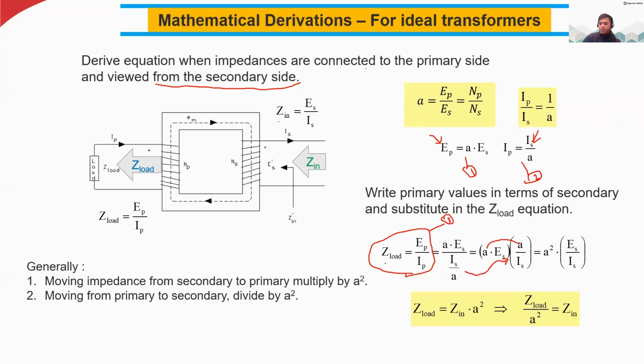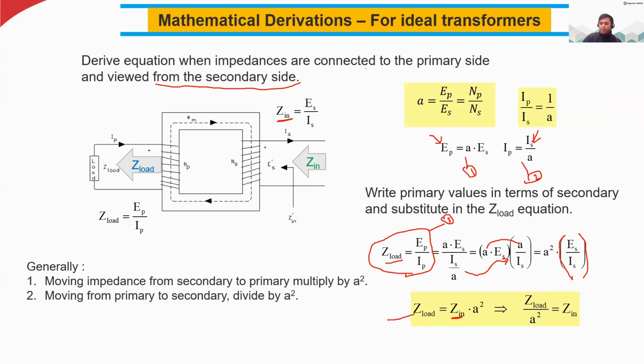So what is this? This is called Z load. Z load is equal to ES by IS times A square, and ES by IS right now is called Z in. So we write Z load is equal to Z in times A square.